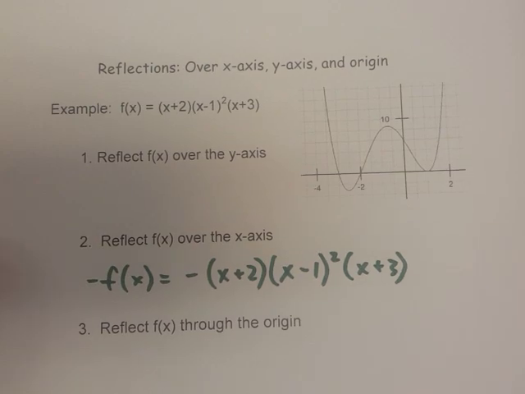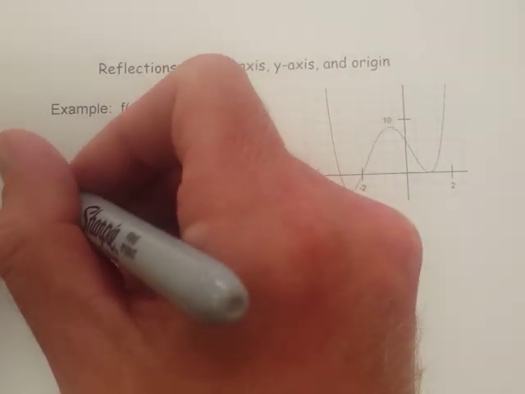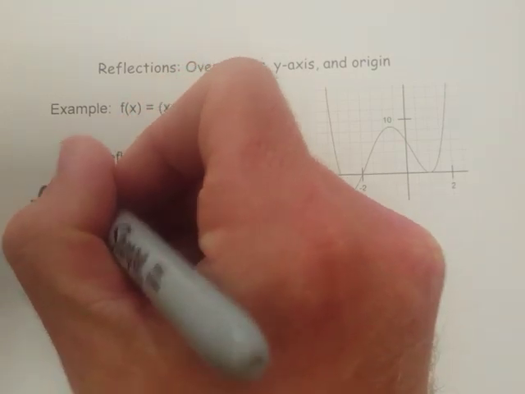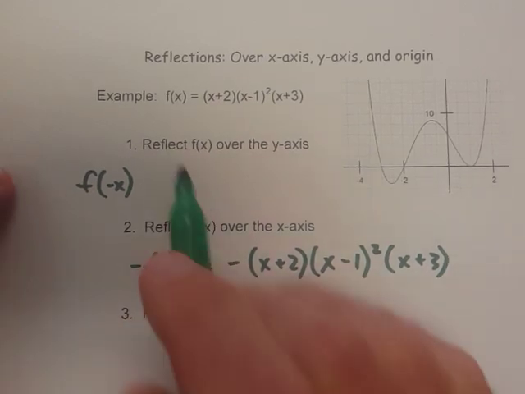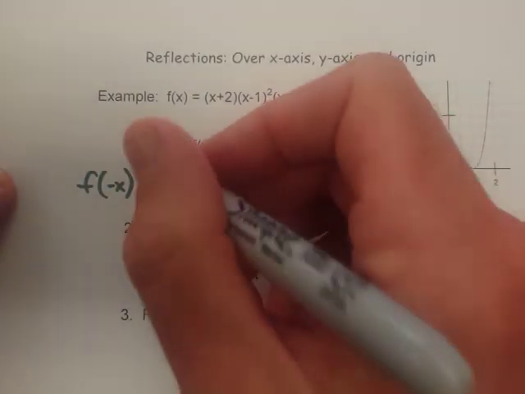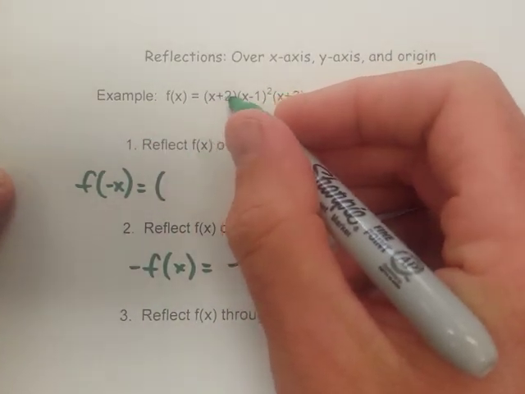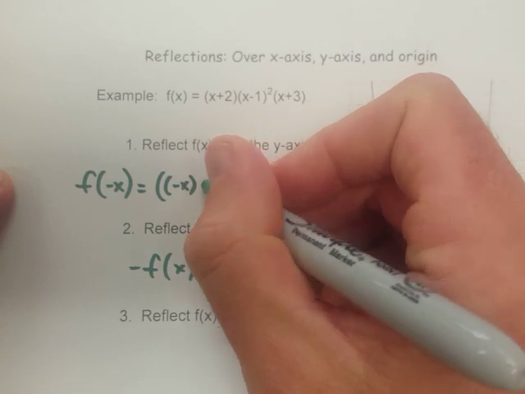Now, the little bit more complicated version is over the y-axis. For that one, we have to include a negative x for every single spot that we see an x in this function. So what that means here is we've got x plus 2 inside there. I'm going to put an extra set of parentheses to emphasize it.